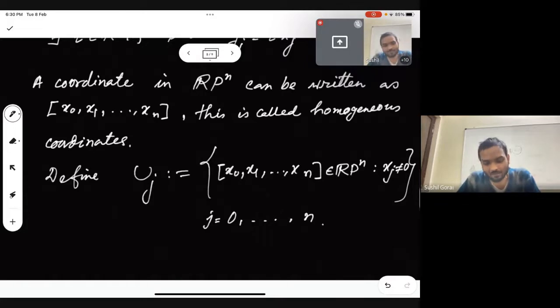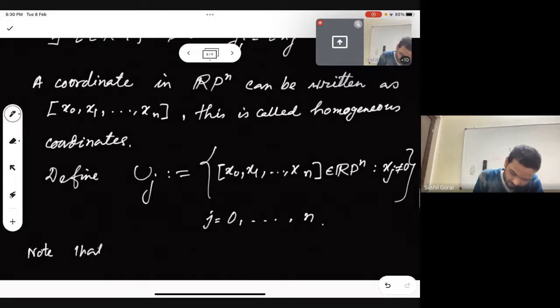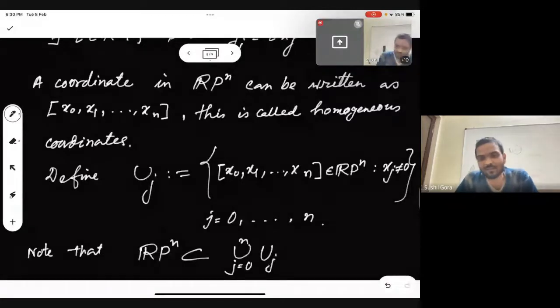First thing, note that RPN is covered by these Uj. Is this clear?